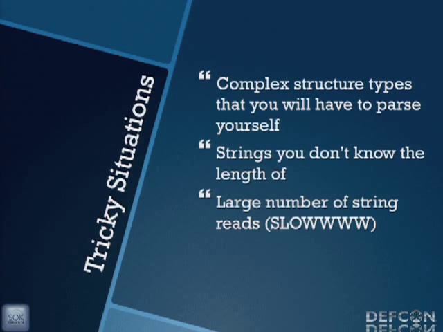One of the downfalls right now with Railgun is that it's slow because every single request and every read operation has to be sent as a packet from your client back to the interpreter on the victim machine. And so large numbers of string reads, for example, is a very slow process. It seems like I'm just pulling this data structure out of memory on my victim, it should come back to me.